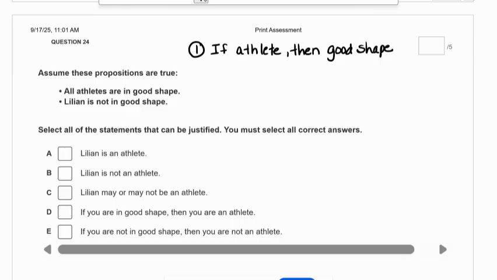Okay, the second statement says Lillian is not in good shape. All right, so we're going to go back and label our P's and our Q's. P would be athlete. Q would be in good shape. The second statement says Lillian is not in good shape.